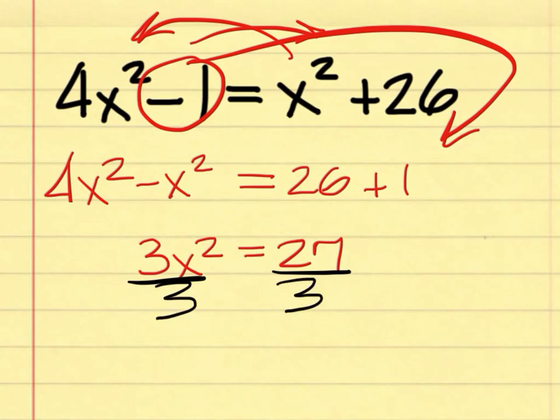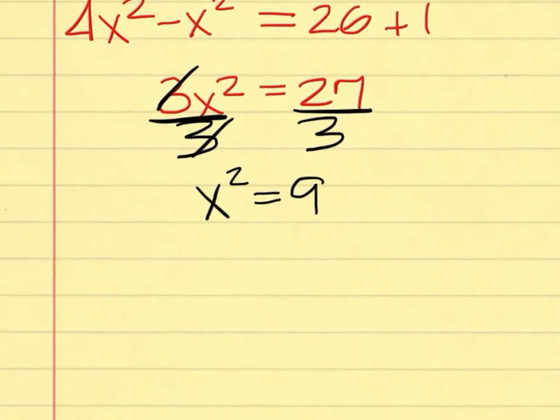When I divide by 3, what am I left with on the left-hand side? X squared is right. And what am I left with on the right-hand side? You were left with 9 is right.